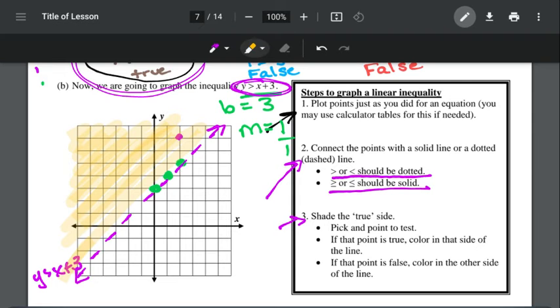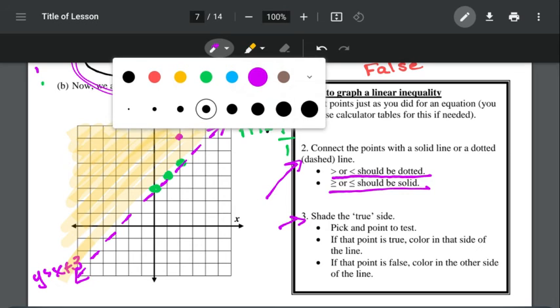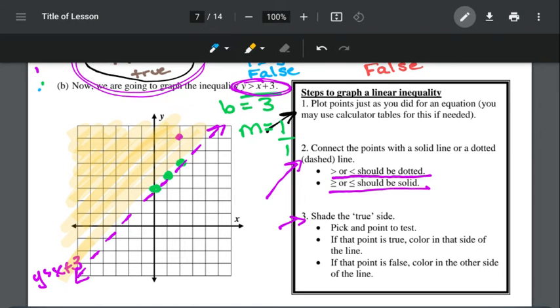You can highlight in yellow like I just did, or in any color, or because you can't have a highlighter all the time, this is how we shade. It just makes it a little less scribbly. So we're graphing a line. It's either going to be dotted or solid, and then you have to shade on the true side.